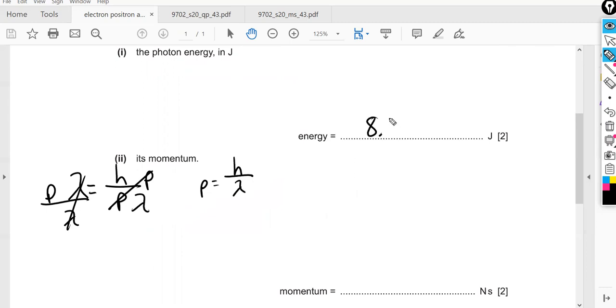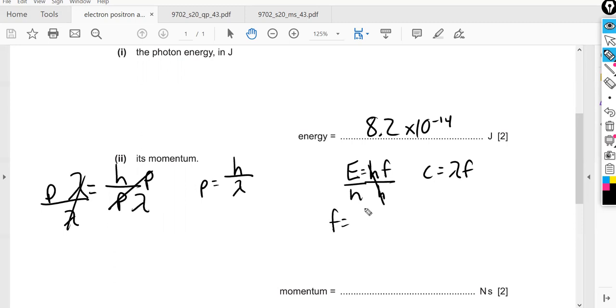You may recall the energy from a moment ago is 8.2 by 10 to the negative 14 joules. In order to get the wavelength, we will use this equation to get the frequency and this equation to get the wavelength. So the energy we know, so frequency we can get by dividing each side of this by h. And so frequency is energy over Planck's constant, the energy we previously calculated.